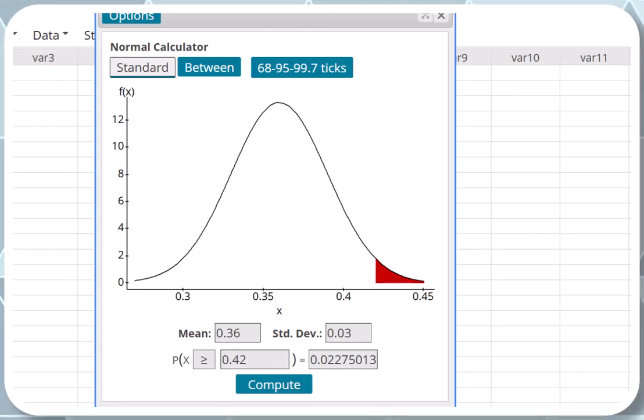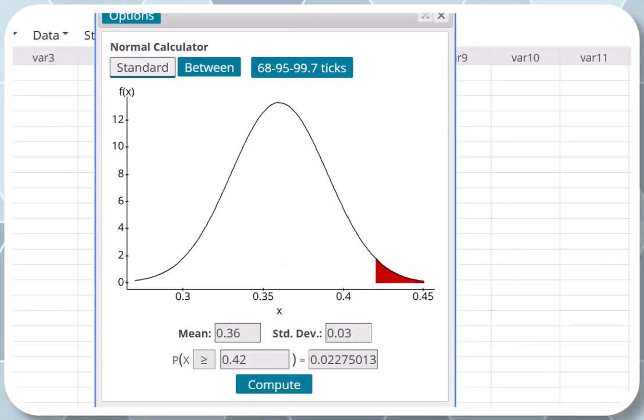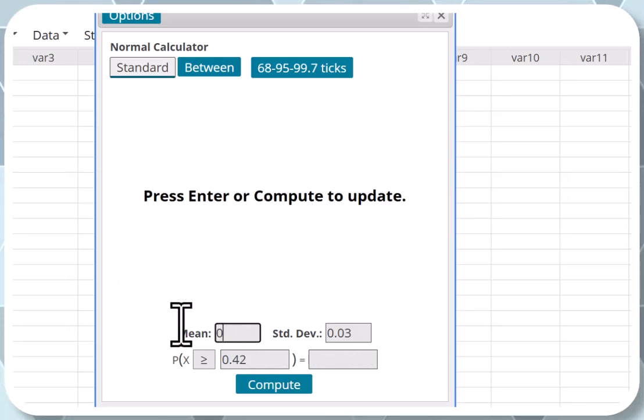Number 16, find the z-score for which the area under the standard normal curve to its left is 0.04. So he's given us the area to the left and he wants the z-score. Here's how we do that. We'll go back to 0 and 1 since it's about z.